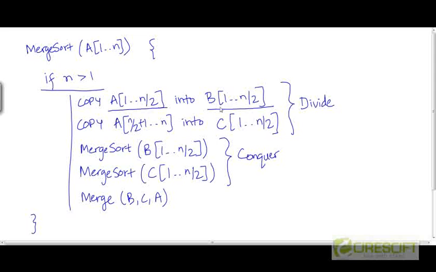We are going to recursively call this merge sort function on the two smaller arrays, B and C. And then in the third step, we are going to combine the solutions to the two subproblems. We are going to merge the arrays B and C to create the sorted array A.